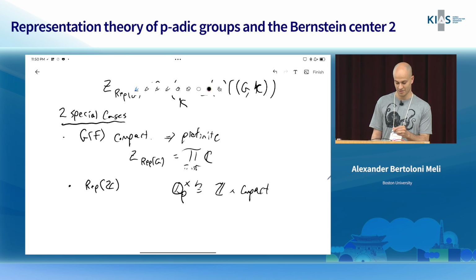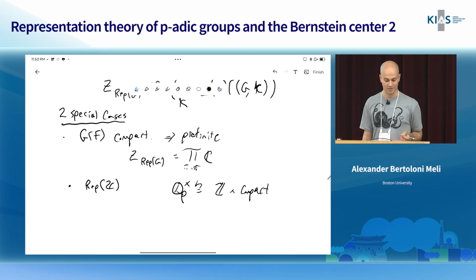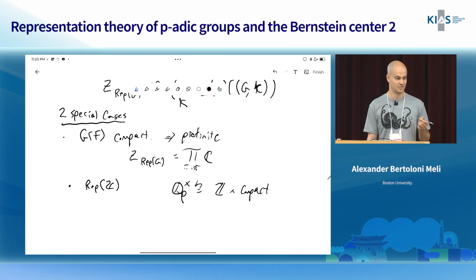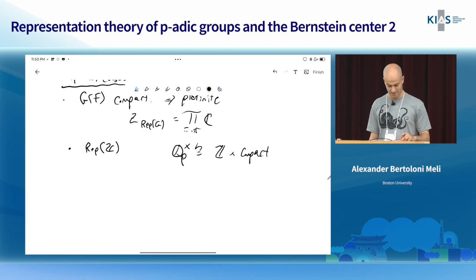So if you wanted to understand what's going on in the Q_p^× case, then you better understand what's going on for Z. So that's why I want to talk about that example.